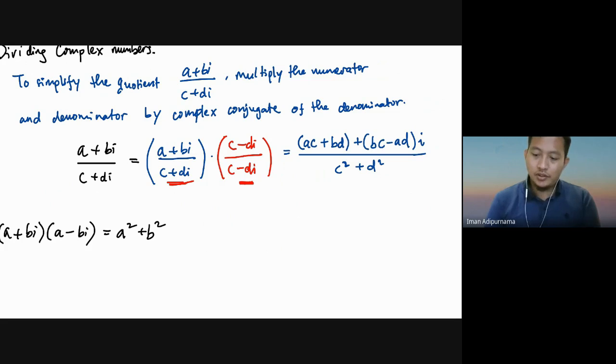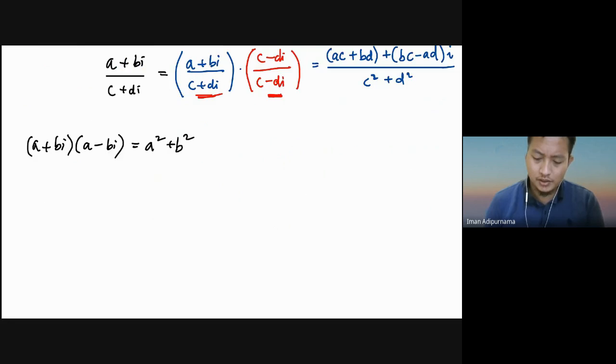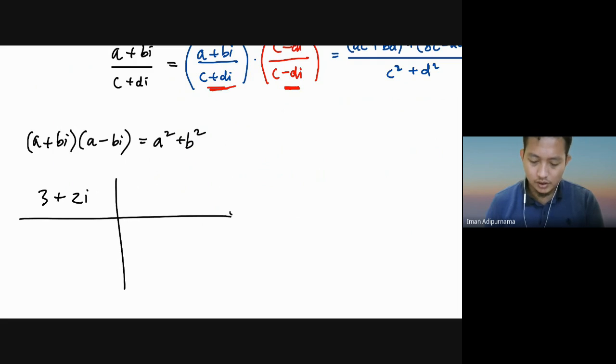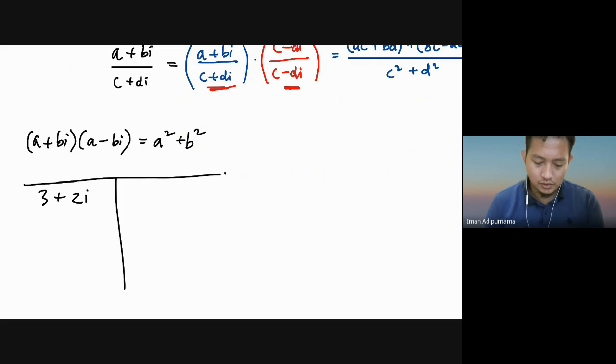Okay. If you're still confused about what conjugate means, for example, if I have 3 plus 2i, the conjugate will be, let me write a table like that. So example and conjugate.